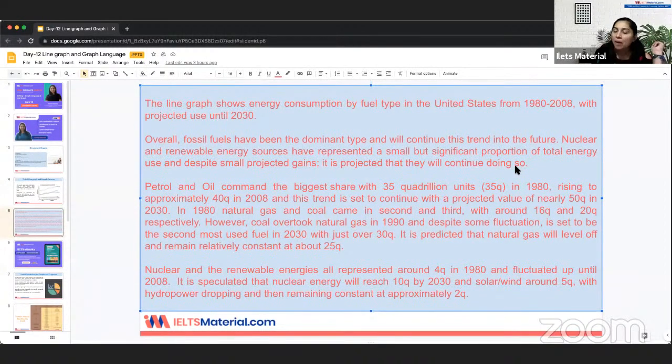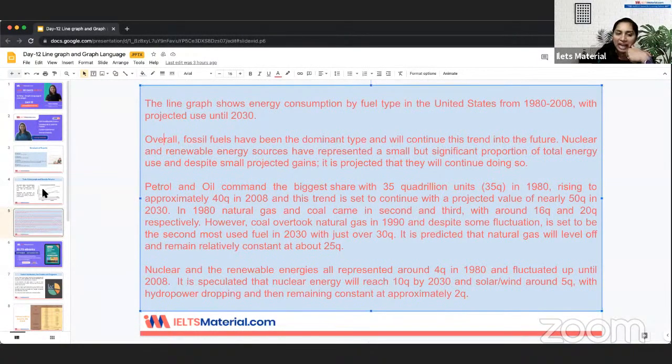The point is, people will definitely use the fossil fuels as well as the natural powers, that is wind power, hydropower, to consume the energy. It will be continued in the future as well. People will not stop using the energy till 2030. The prediction is till 2030, and definitely they are not going to discontinue using the energy. That is what is given here.